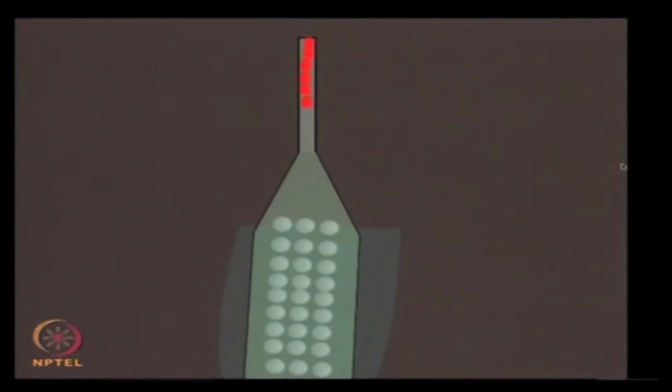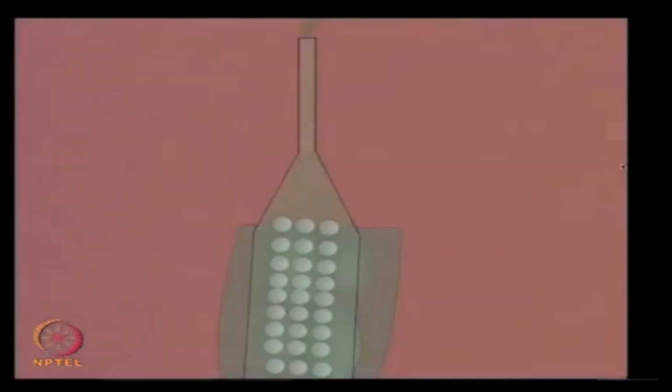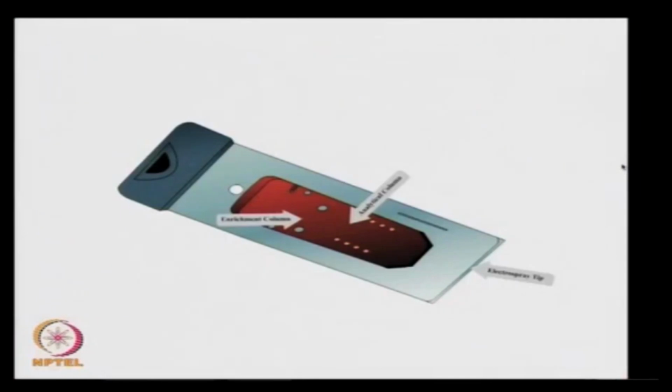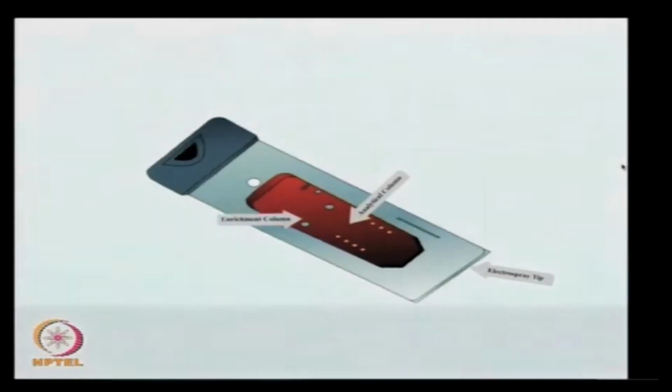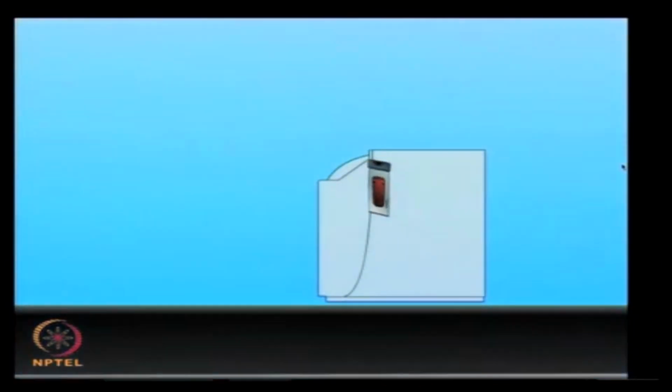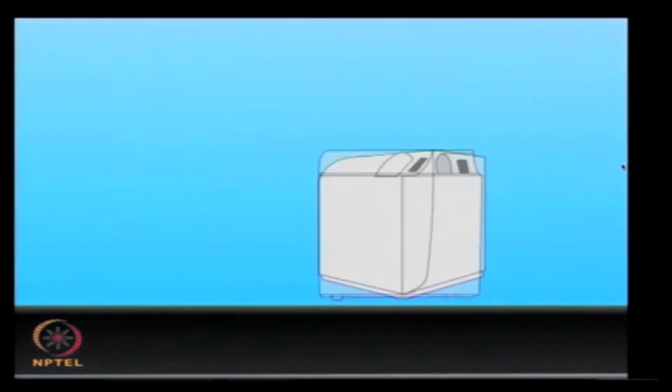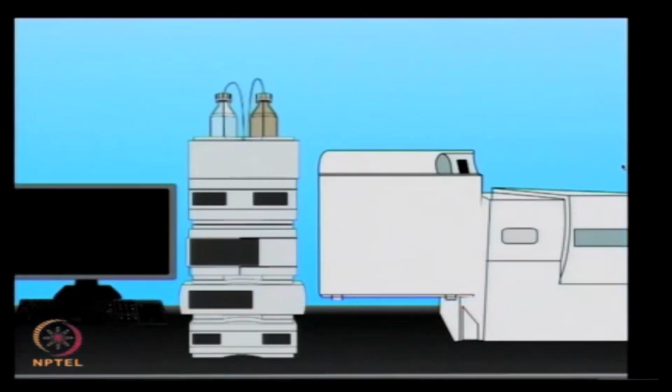Another important component of this technology is the HPLC chip MS interface. A chip is inserted into the interface which mounts on a mass spectrometer. This design configuration ensures that the electrospray tip is in the optimal position for mass analysis when the chip is inserted in the mass spectrometer.